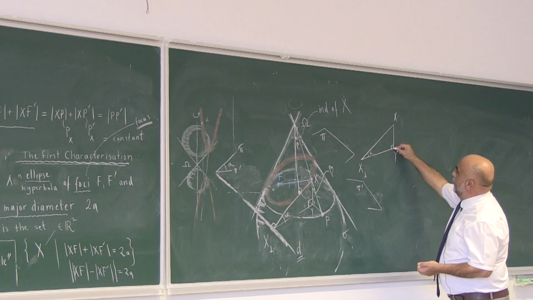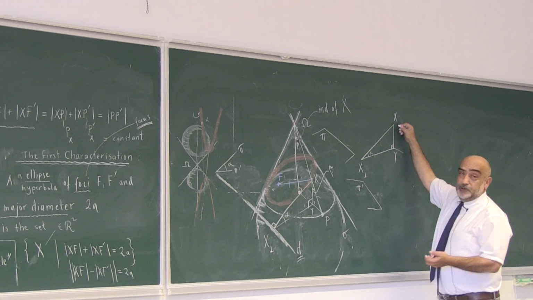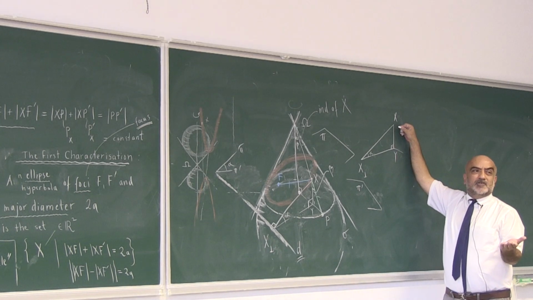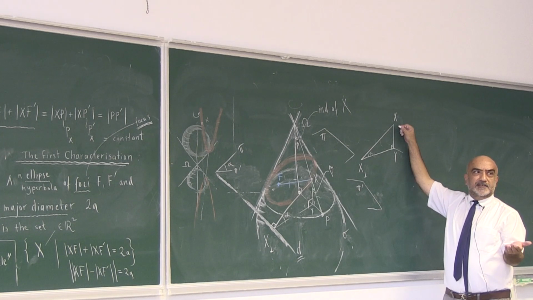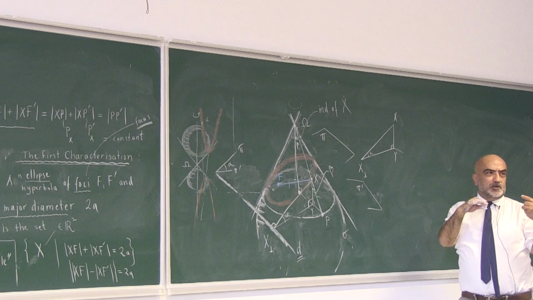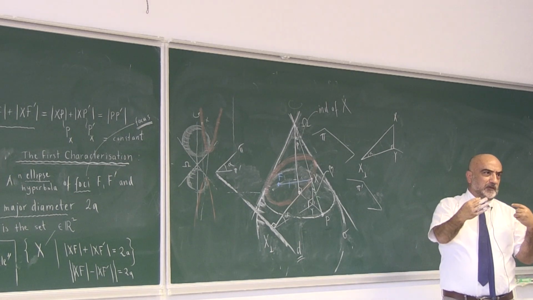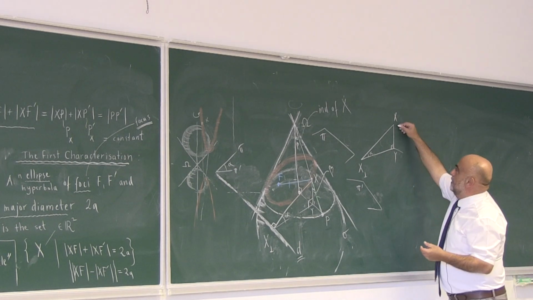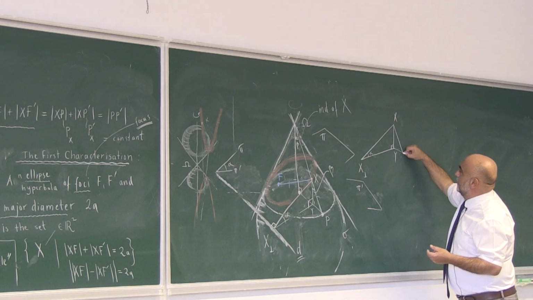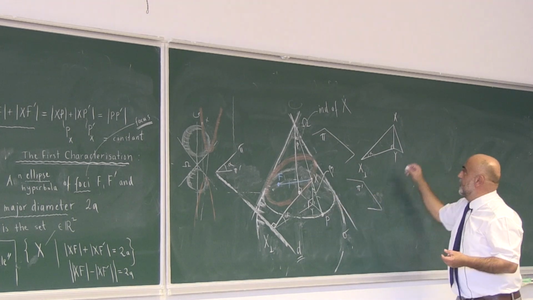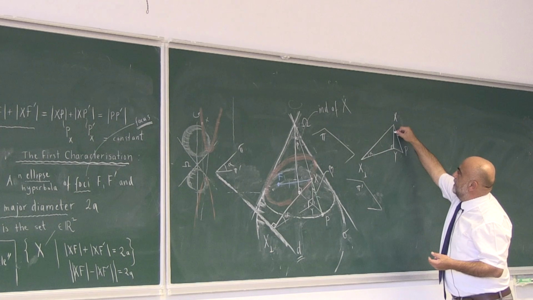And I've got another right triangle. Do you see? It's really delightful to do three-dimensional geometry. At every step, you reduce your three-dimensional geometry to two dimensions, but you must do it in the correct way. This is another right triangle, this P, and this angle is beta.